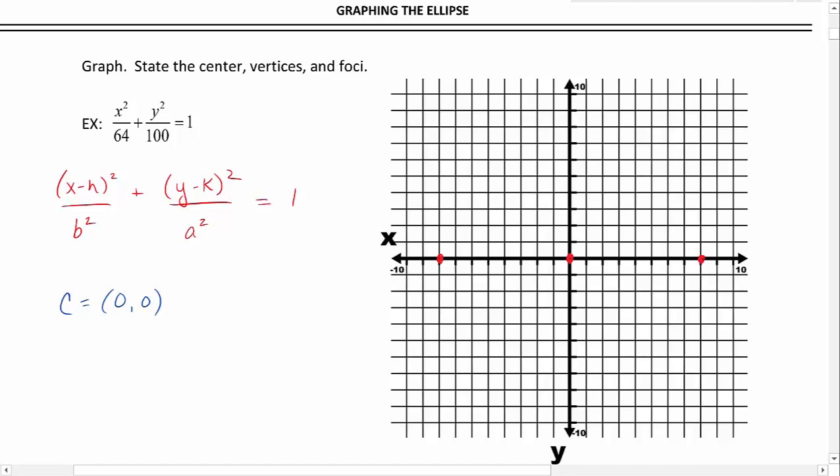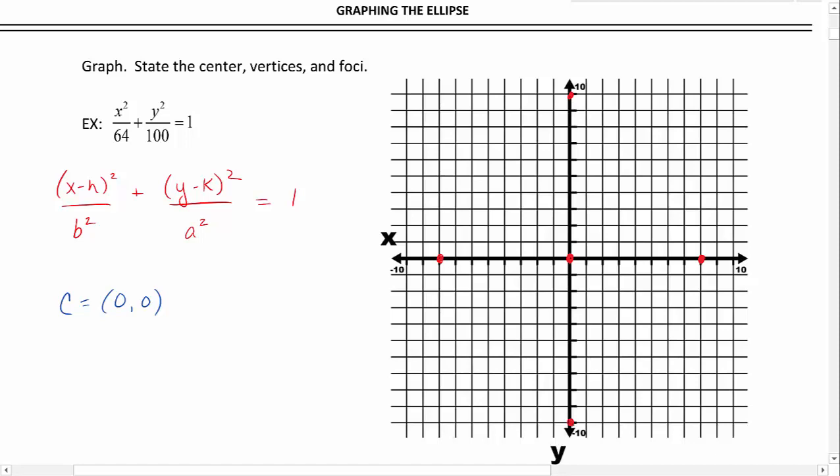Then I move on to the y. I have the number 100 underneath the y. The square root of 100 is 10, so that tells me that I should go 10 in either y direction from my center. So I'm going to go up 10, and I'm going to go down 10. And that's really all I need to draw in my ellipse.